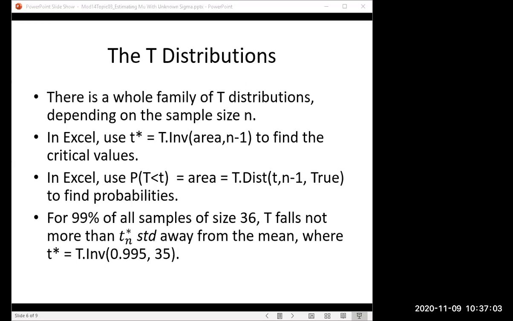Well, there's 99% in the middle, 0.5% on each end. So the edge of the middle 99% is at the 99.5 percentile. So you put in the 0.995, and then the other parameter here is this nu, it's n-1. So if your sample was size 36, the degrees of freedom, this nu parameter, would be 35.